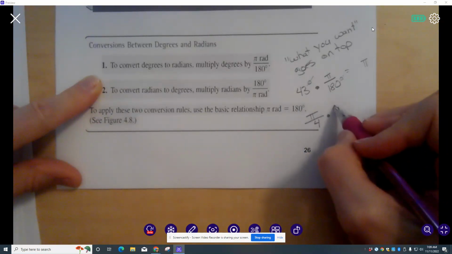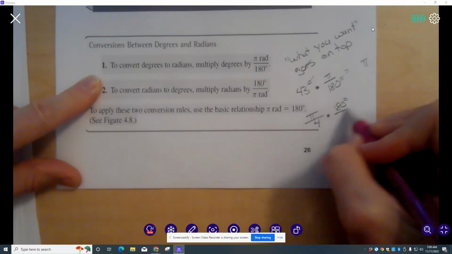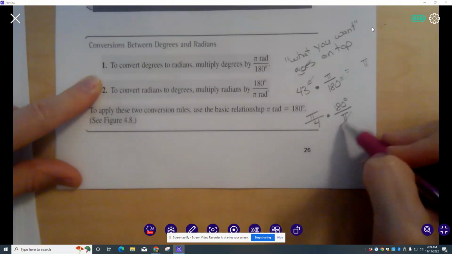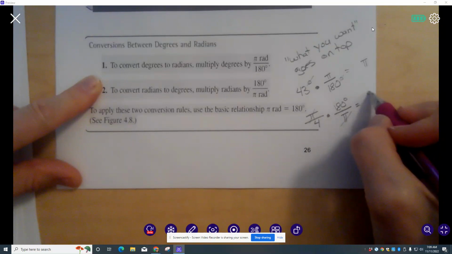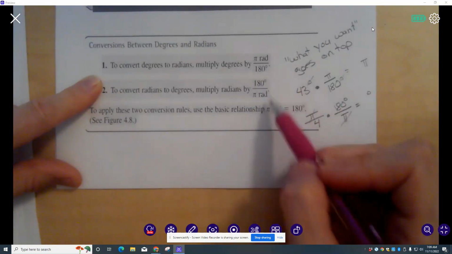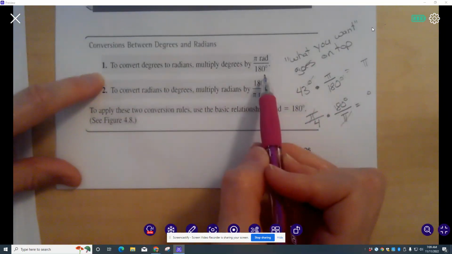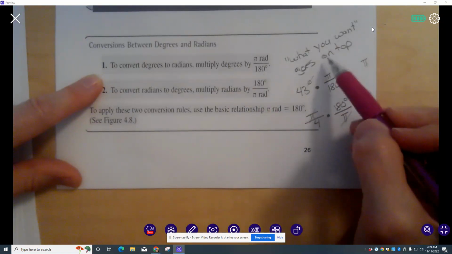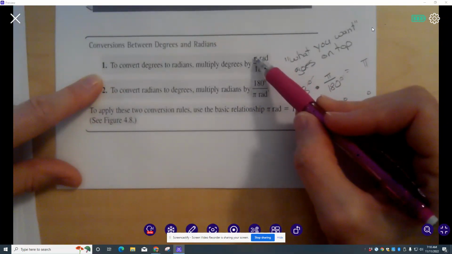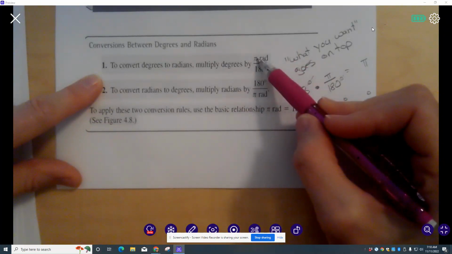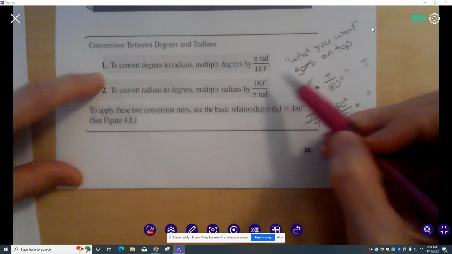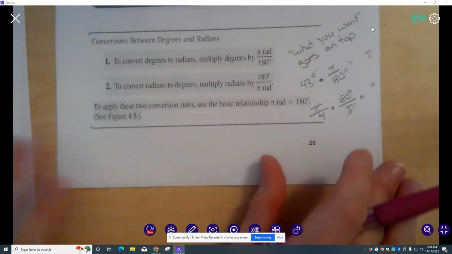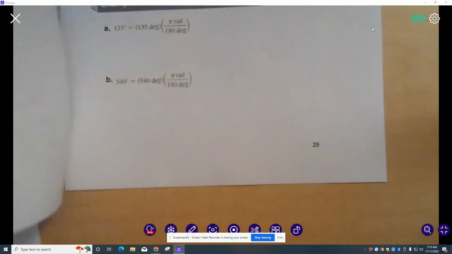I'm going to multiply by the ratio that has degrees on the top. Then my pi's will cancel, and I'll be left with degrees. So you don't really need to memorize this whole thing. Just remember whatever you're converting to, what you want at the end, is what goes on top. If you want radians, you multiply by the ratio with radians on the top. If you want degrees, you multiply by the ratio with degrees on the top.